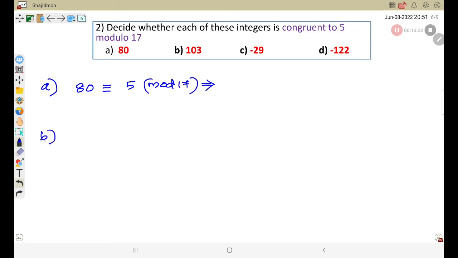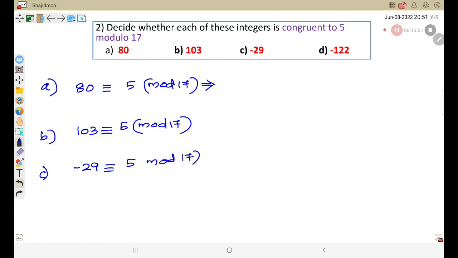Then B part, 103 congruent or not to 5 modulo 17. Now C part, minus 29 congruent or not to 5 mod 17. And D part, minus 122 congruent or not to 5 mod 17.